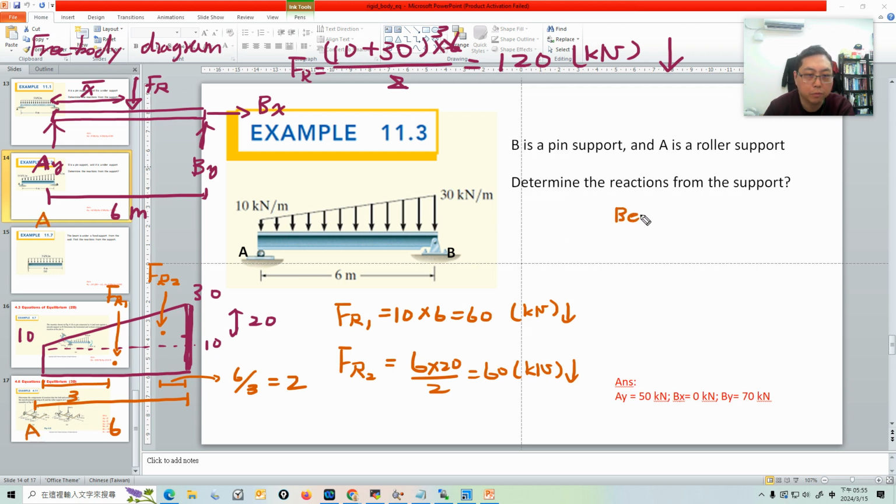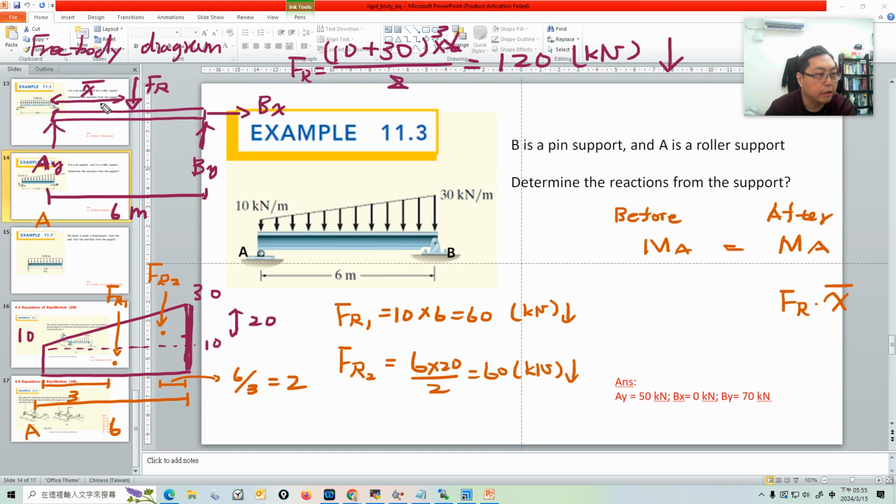Before simplification and after simplification, the moment with respect to A must be the same. After simplification, the resultant force FR is here at X bar, so that's FR times X bar.